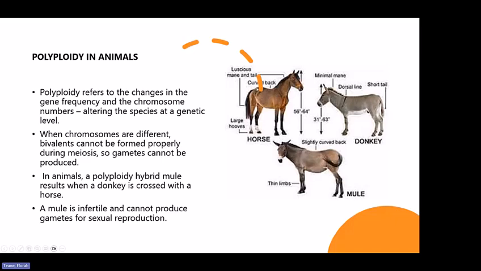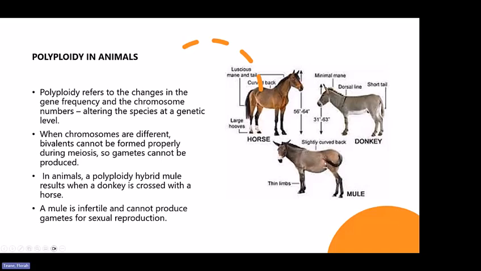If by any chance this horse and this donkey engage in sexual interaction, they engage in copulation, and one gets pregnant, they will produce a mule. So this is a mule.